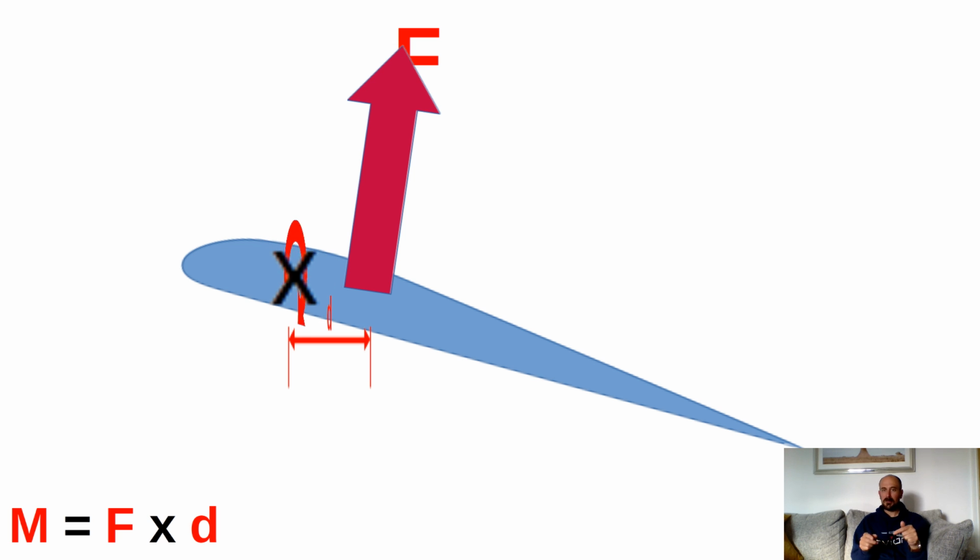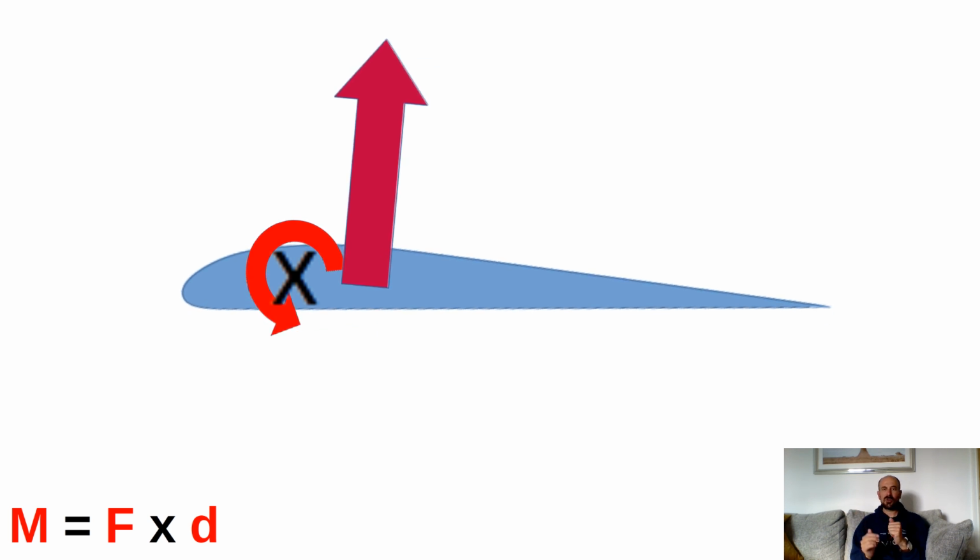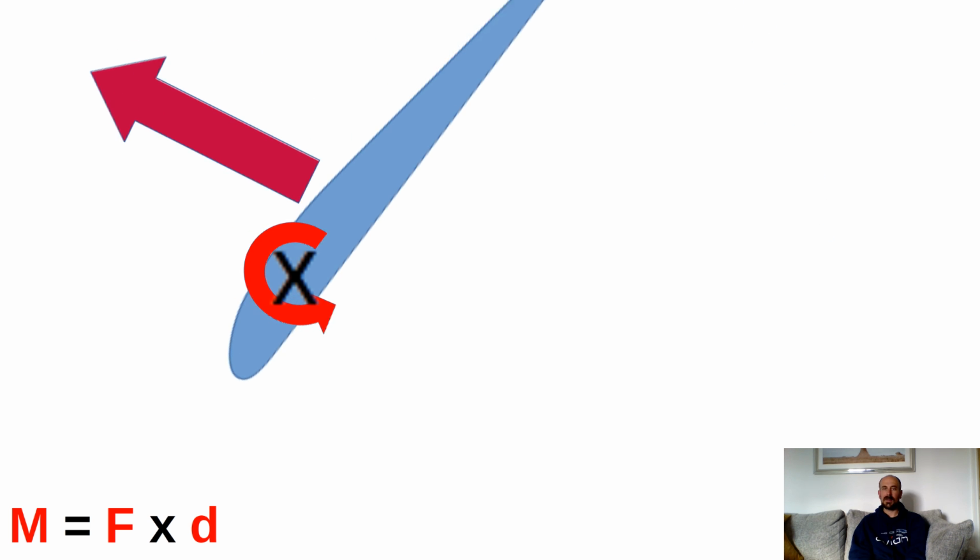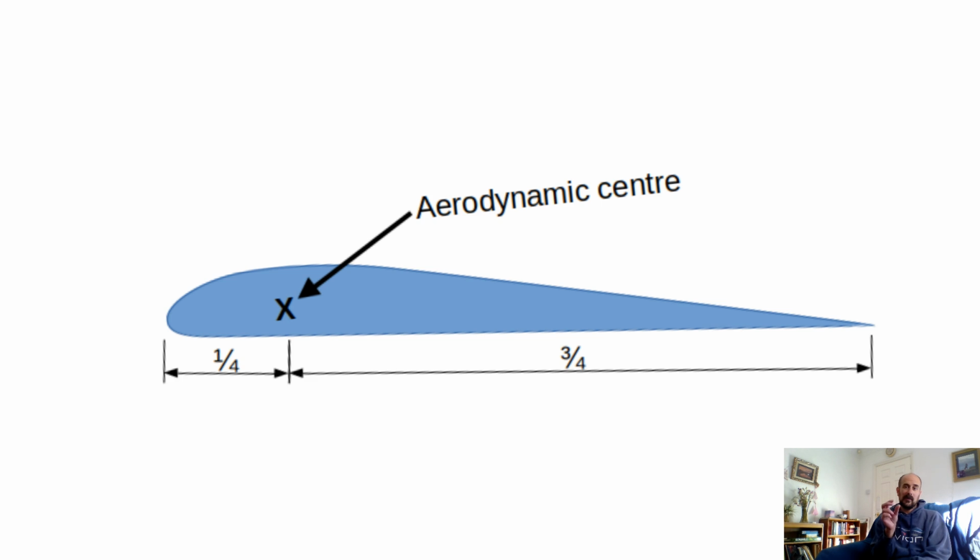It's important to note that the moment is down, like it's trying to tip down, because the lift is always being created behind the point that we're considering our aerodynamic centre. So it's always going to be trying to tip the wing forwards, to tip the wing nose down. For most normal wing sections, that aerodynamic centre point is usually at or close to the quarter chord point, as in a quarter of the way back from the leading edge along the wing's chord line.